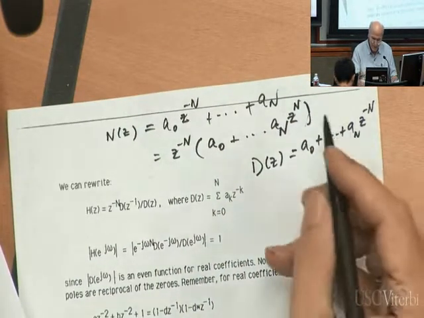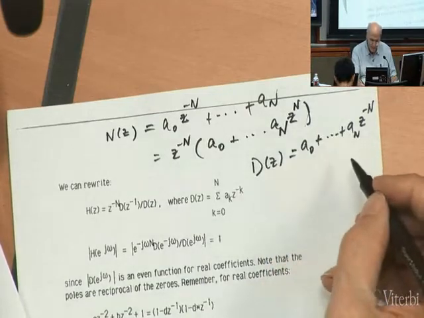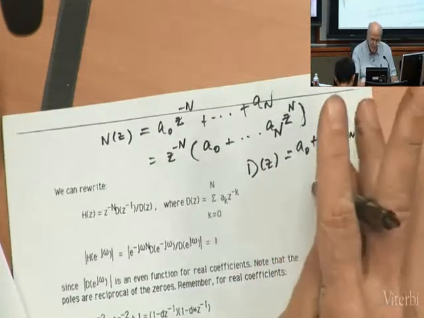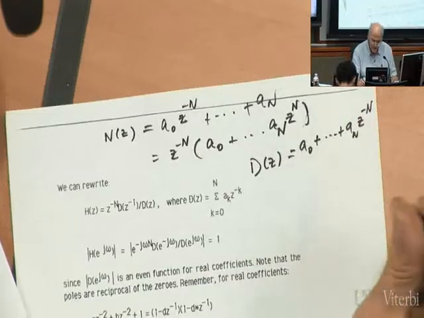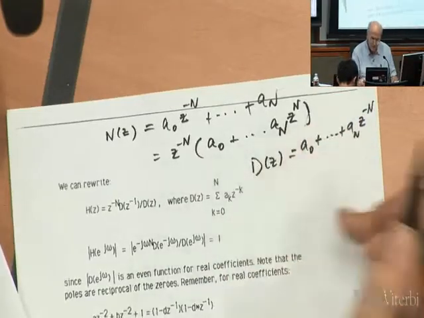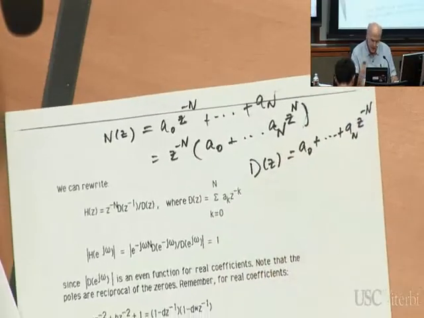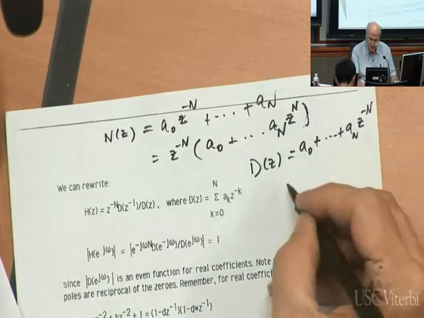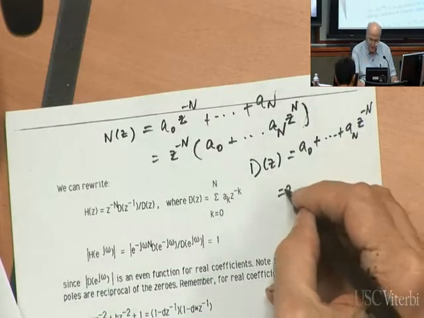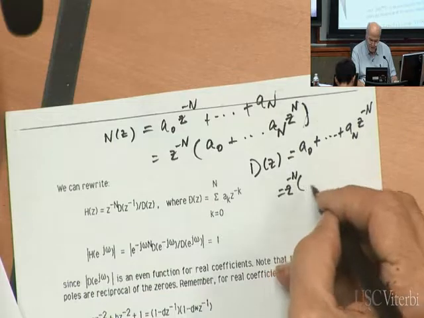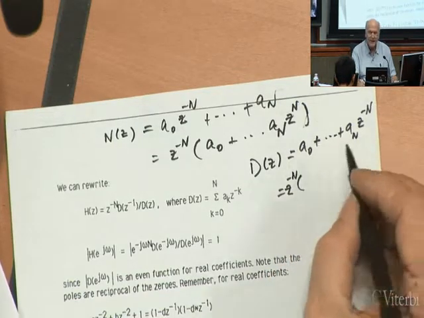Let me look at it this way. Let me take d of z and factor out z to the n. What do I get?